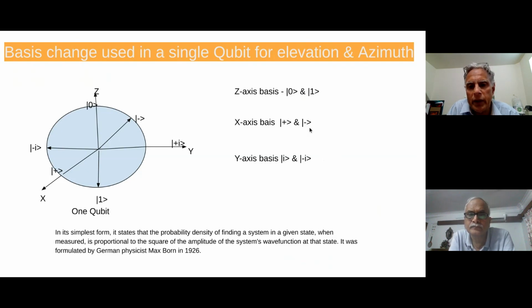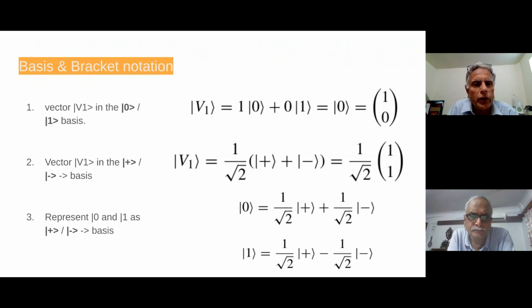If you do it in x, then it will be ket plus and ket minus, and the eigenvector will only be with respect to x. If you do it with z, ket0, ket1, it will only be with respect to the z-axis. And if you do the i, minus i basis, then that will only be with respect to y. So in our case, we would say that the z-axis is the most standard. Ket0, ket1, spin up, spin down is considered the standard basis. Other bases we call changed bases to evaluate any of the qubit, whether we do it in elevation or azimuth.